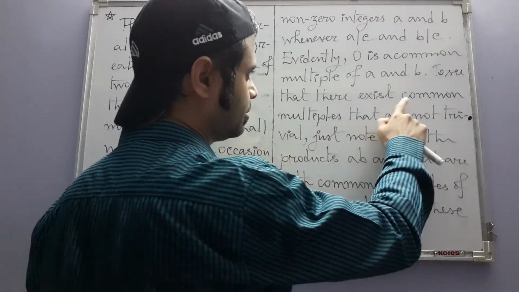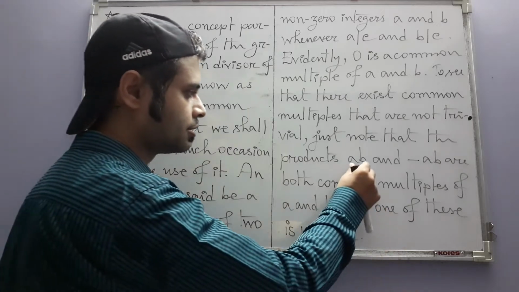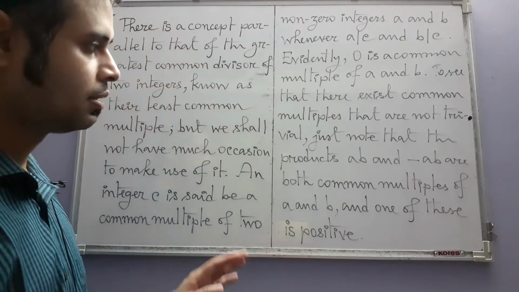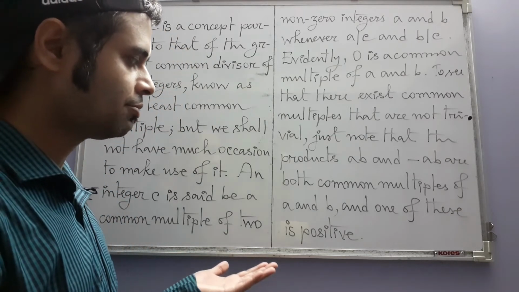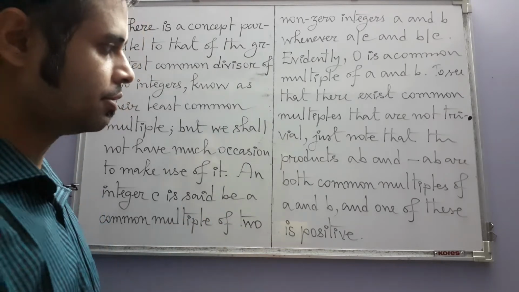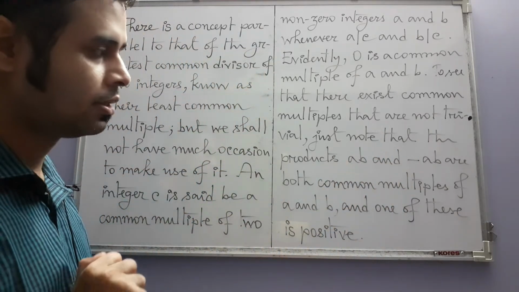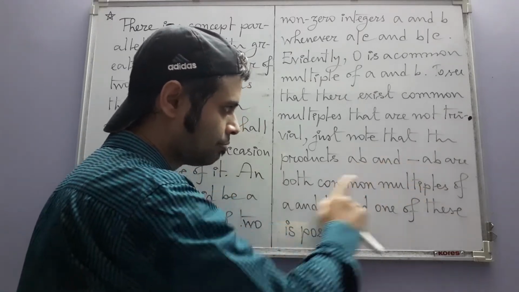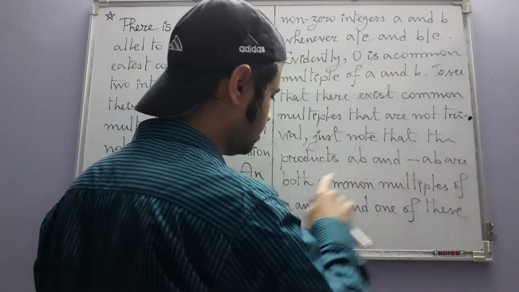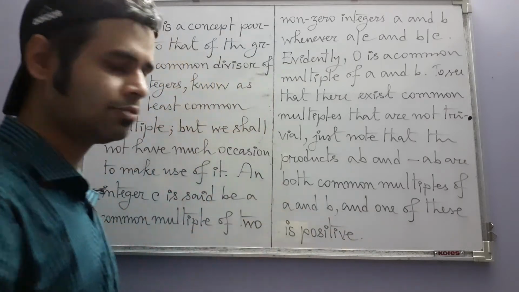Now, to see that there exist non-trivial common multiples, you just note that these two products, AB and its negative, minus AB, actually are both common multiples of A and B. Now, because A and B are taken to both be non-zero, AB and minus AB are both non-zero integers, and because of that, exactly one of them will be a positive integer, right? So that's what you see. These are both common multiples of A and B, and one of these is positive. It has to be positive.